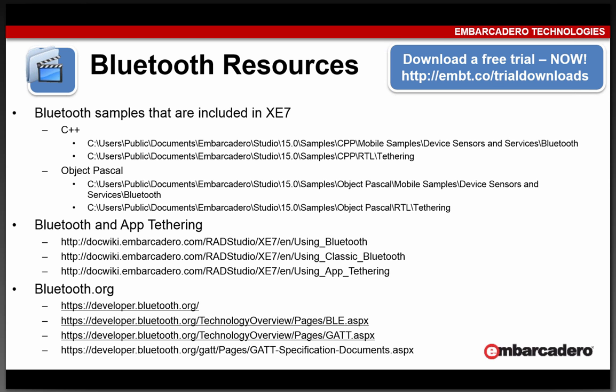Then I've included some Bluetooth.org URLs to information about the different standards that are available for Bluetooth, Bluetooth LE, about GATT, and how to find the standard specifications that are available for categories of Bluetooth LE devices.